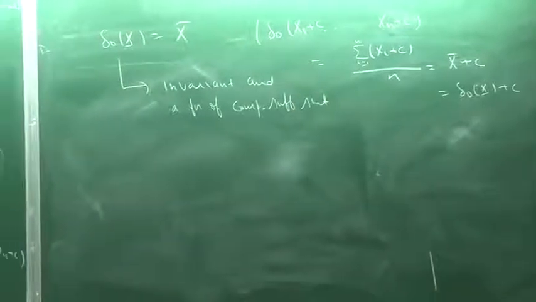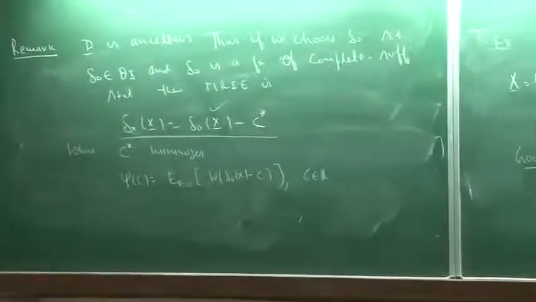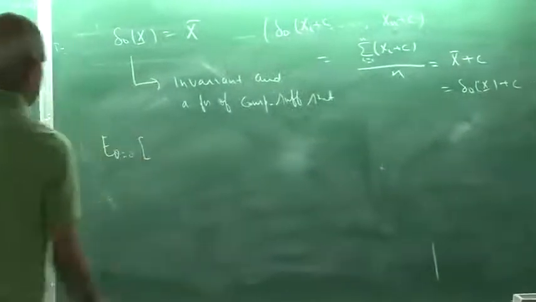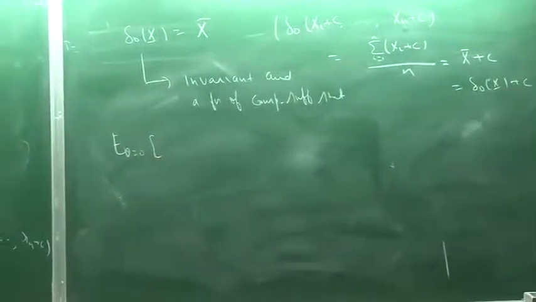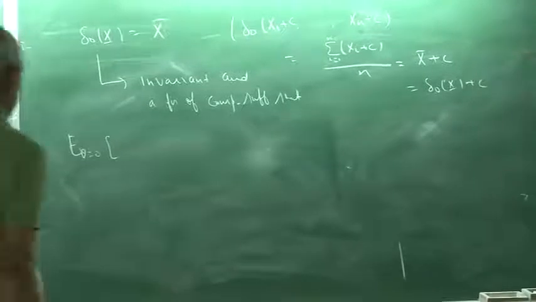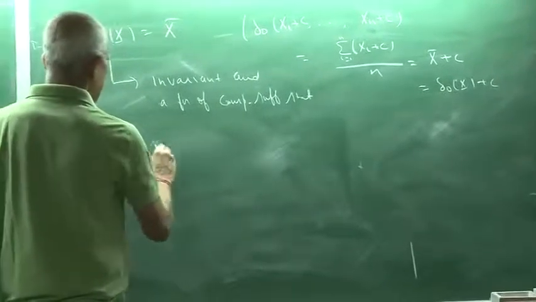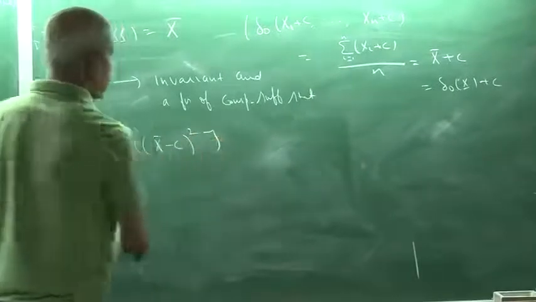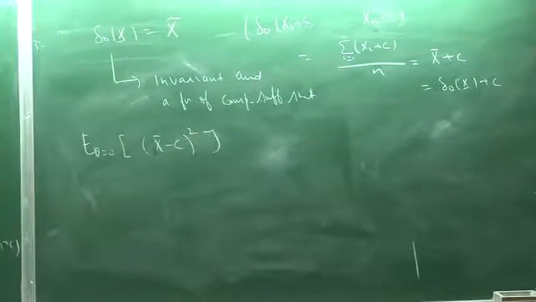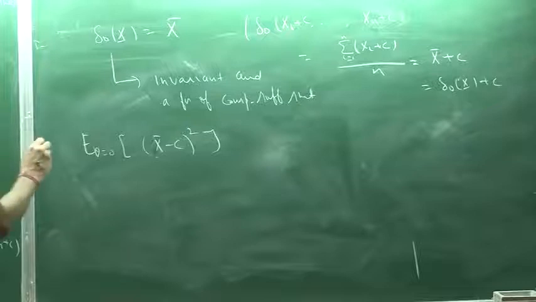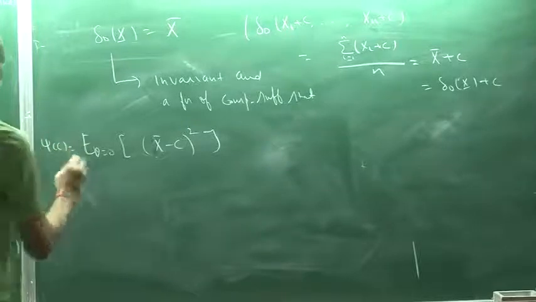So what is the MRE? So C star minimizes, so what I have to show is the expected value of, I have to look at C star, which is the minimizer of W of (delta naught of x minus C), that means (X bar minus C) whole squared. So that is what my psi of C is. So what is C star?